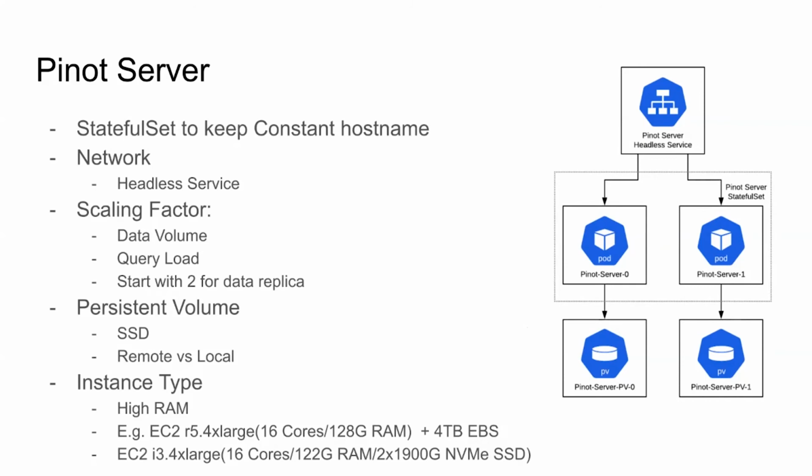For the instance type, for example, if you try EC2 boxes, which don't support a local disk, you can always mount a very large EBS, which is Elastic Block Store. And if you have very large boxes which have good SSD, you can just mount your host path to the node, which will be written to the local instance.